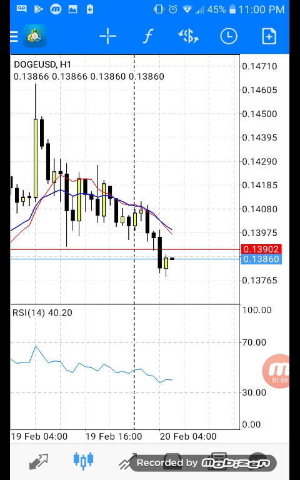Once price gets to your take profit level, you can modify it. Once price gets to a certain price level, like 1,400, I'll show you. Price is at 13,860 right now. Once price gets to 0.14 hundred or 0.40800, we can modify it.